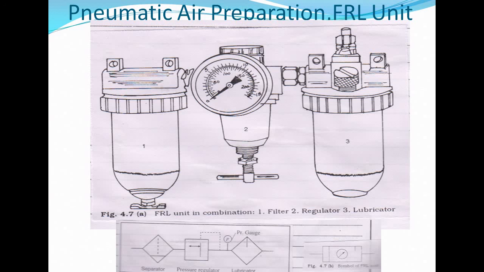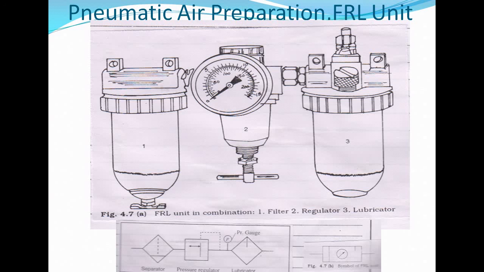The next component is the lubricator. After passing air through the filter and regulator, it will go to the lubricator. In order to lubricate the various parts of the cylinder, a small amount of lubricant is mixed with air at the lubricator component.